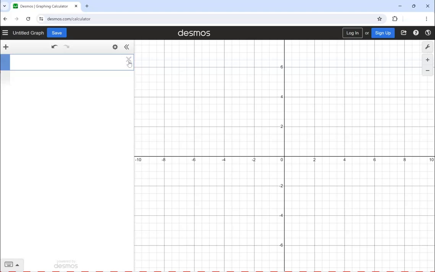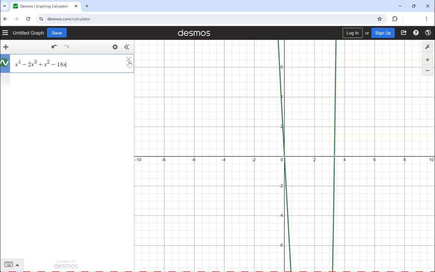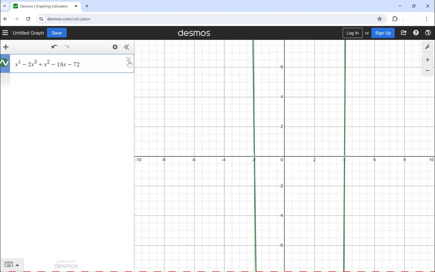X to the 4th, minus 2x cubed, plus x squared, minus 18x, minus 72. I don't need to go find all of them. How many do we say we need to get to be able to knock it down to a quadratic? 2. How many do you see on your screen right now? 2, right?